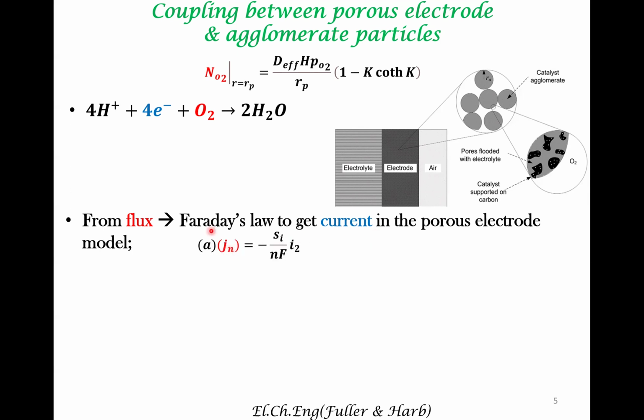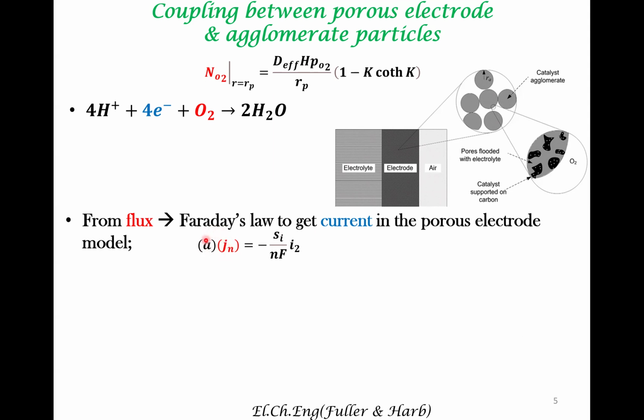Supposing we have the flux here, okay, that is indicated by these terms. We have adopted the same notations across the porous electrode lecture series. So please look at the previous lectures if you're unsure what these terms mean.